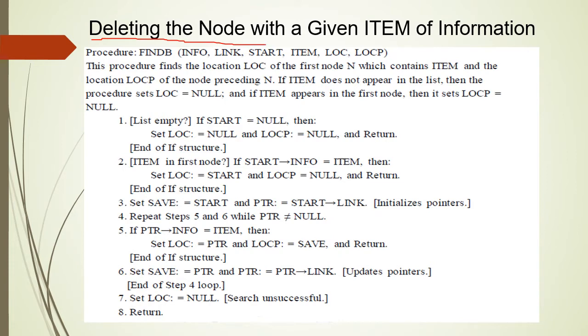Deleting the node with a given item of information: the function FindB will check whether the given key element, that is item, is present in the linked list or not. If the key element is present, that means if the search is successful, then this function will return the address of a node which contains the key element and its predecessor node address through the variable LOC.